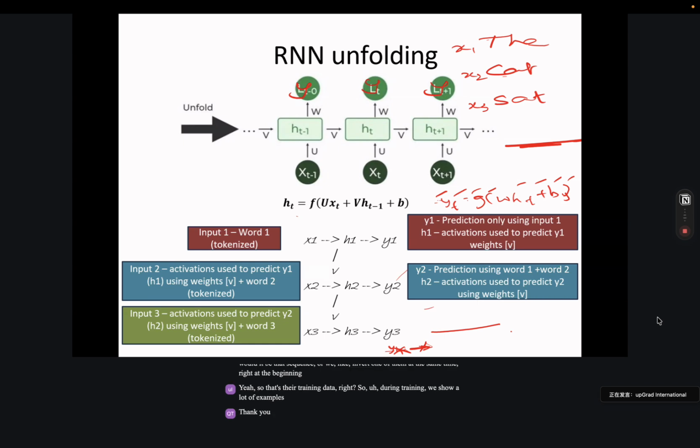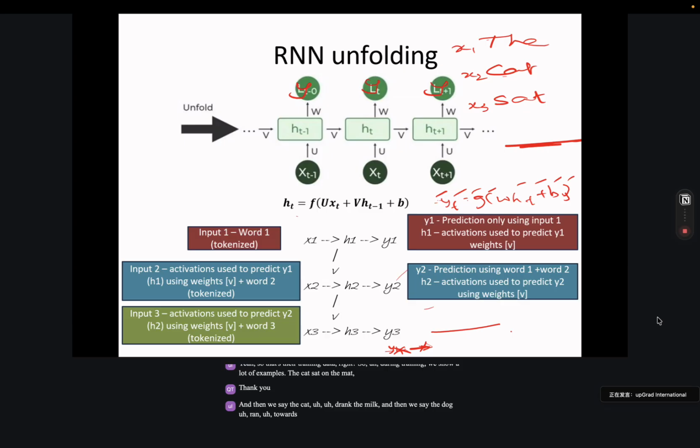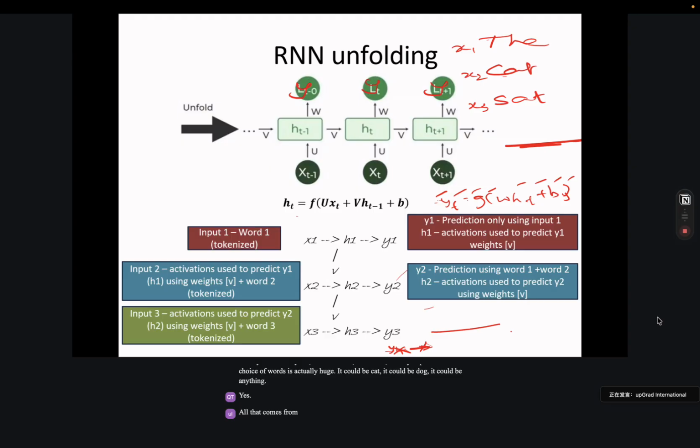The cat sat on the mat, and then we say the cat drank the milk, and then we say the dog ran towards the human, right? So we have all these sentences in our training data set. So that's where the X1, X2, X3 come from. That's why when you have only the first word, the, as X1, the choice of words is actually huge. It could be cat, it could be dog, it could be anything. All that comes from the training data set.